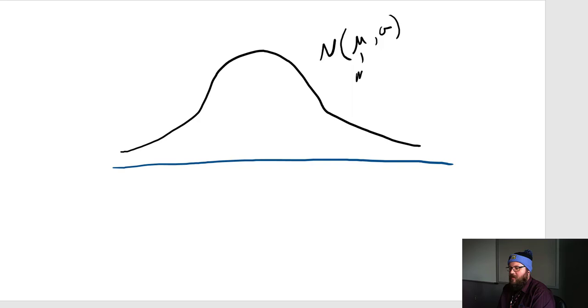Again, this is your mean, and this is your standard deviation. This is key label to a normal curve. So even if you were to make it look a little crazy, not so normal looking like mine, as long as I put that N and then my mean and my standard deviation, that verifies that it's a normal curve.